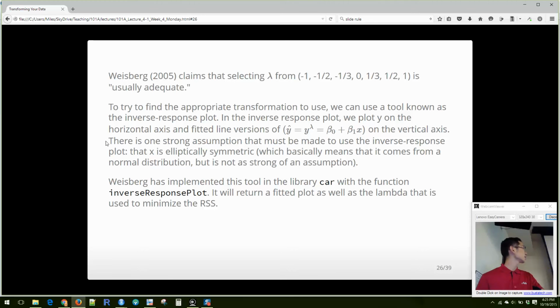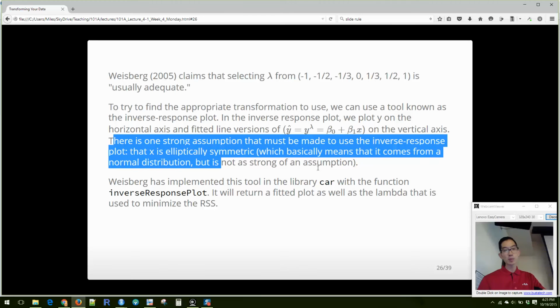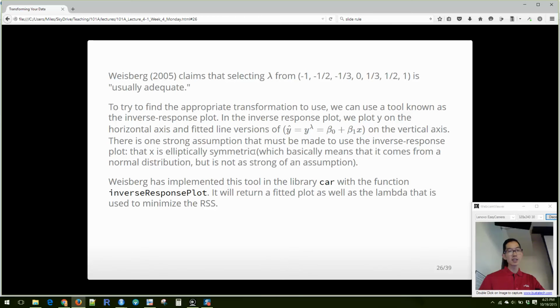There is one assumption that has to be made, and that is x is elliptically symmetric. This is pretty much like x being normally distributed, but it's not as strong of an assumption. If x is normally distributed, then x is elliptically symmetric, but you can have x that's elliptically symmetric but not necessarily normally distributed. It's kind of the same concept: if you've ever looked at a multivariate normal distribution, it looks like an ellipse, and that's where it comes from.